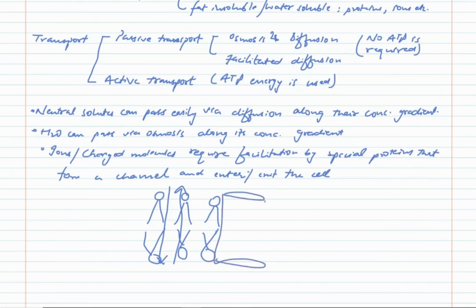Molecules such as charged particles or ions require the presence of intrinsic proteins which will form a channel. Through this channel, ions such as H+, Na+, K+, etc., are going to pass along their concentration gradient. This is known as facilitated diffusion.